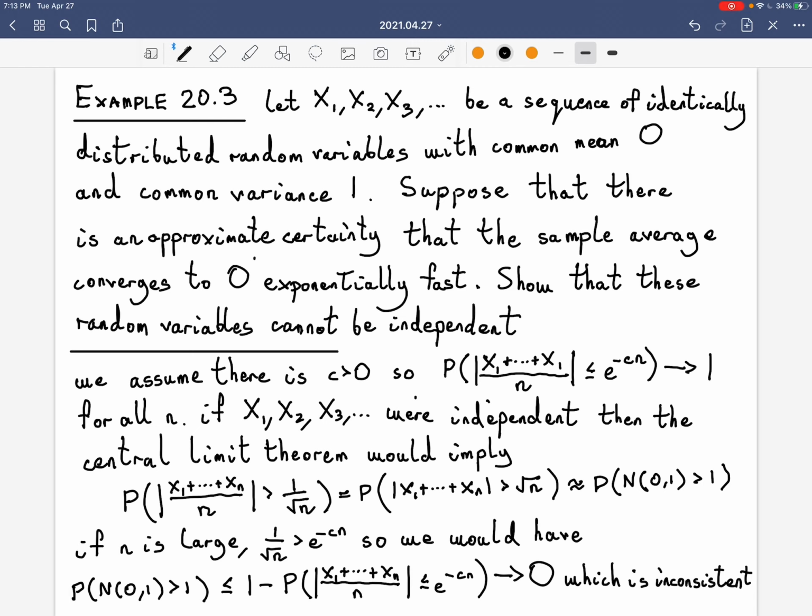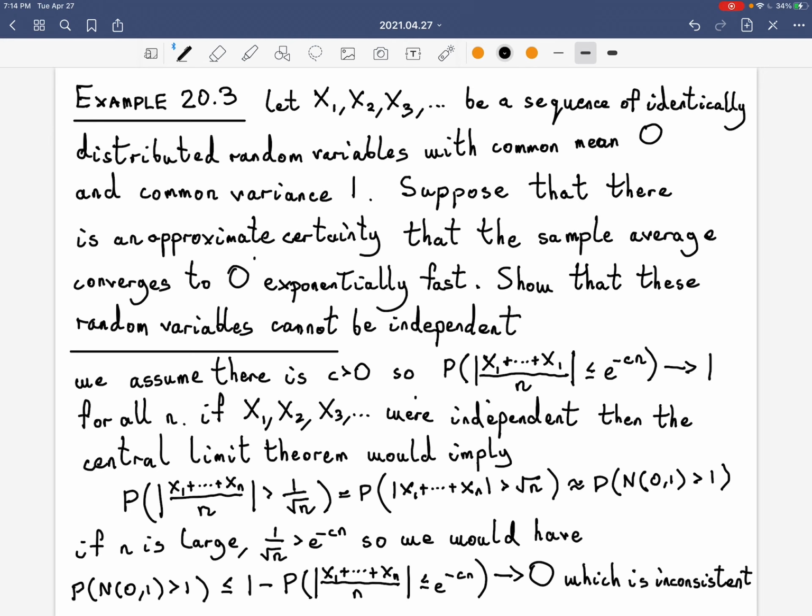And what we want to see is that these random variables cannot be independent. So the central limit theorem gives you not only positive information about convergence to the mean, it also gives you negative information about the impossibility of exponentially fast convergence to the mean in a sequence of IID random variables.